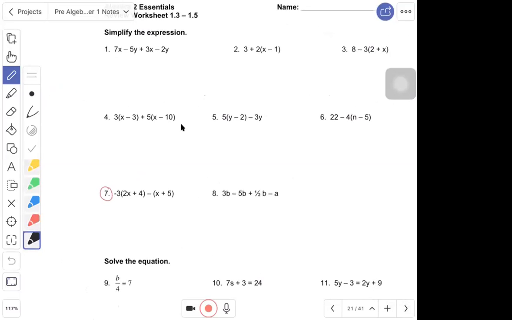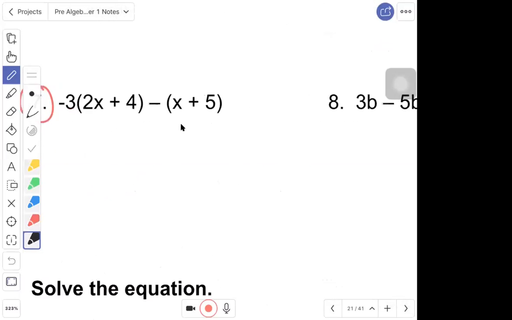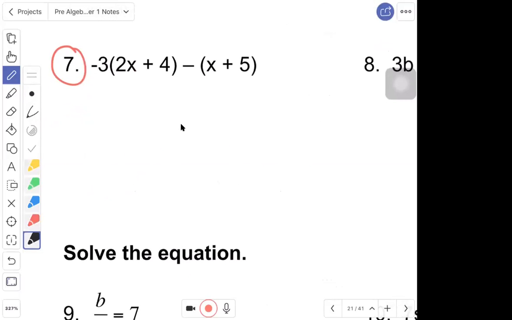It says to simplify the expression. So you would have to multiply -3 into 2x and 4. Good, and what will that give us? -6x plus negative or minus 12. Good. And then keep going.